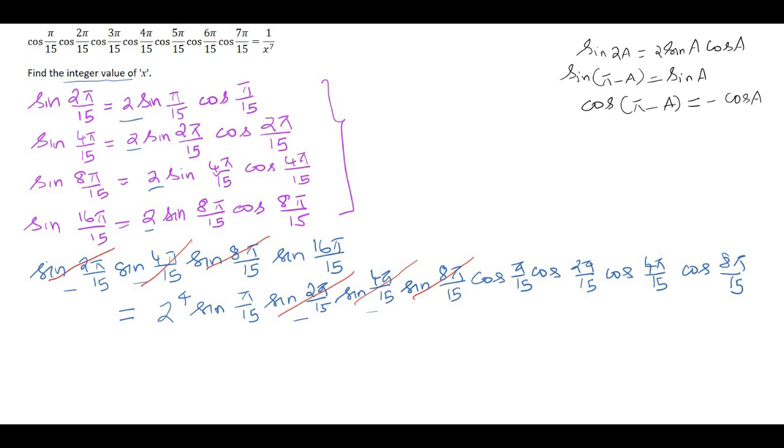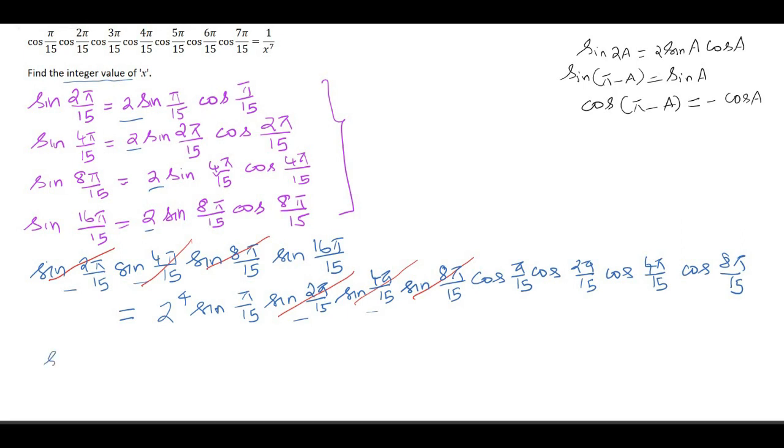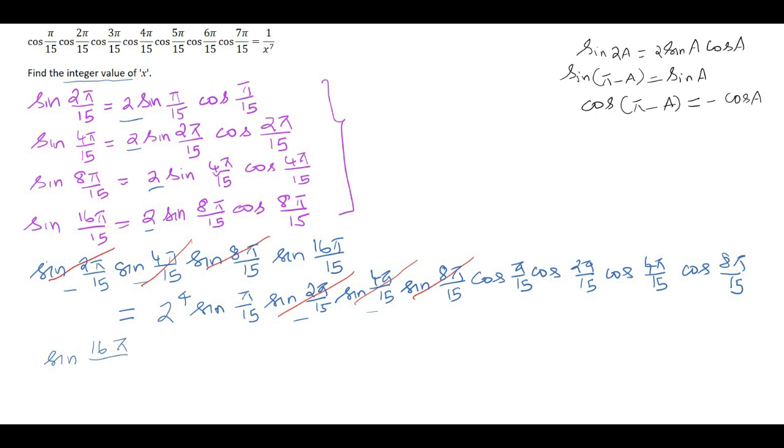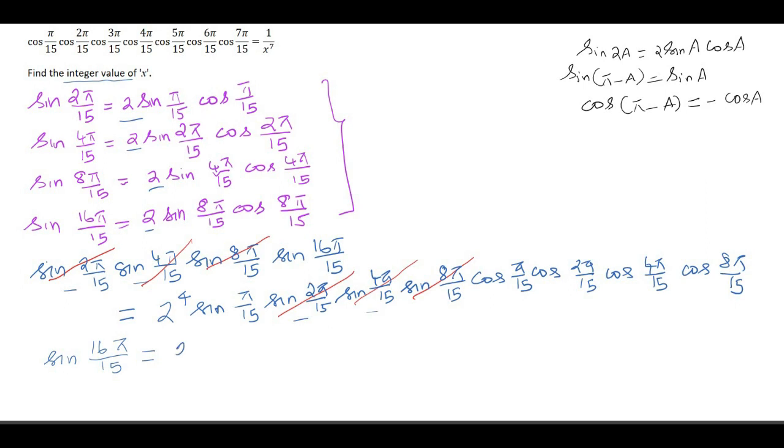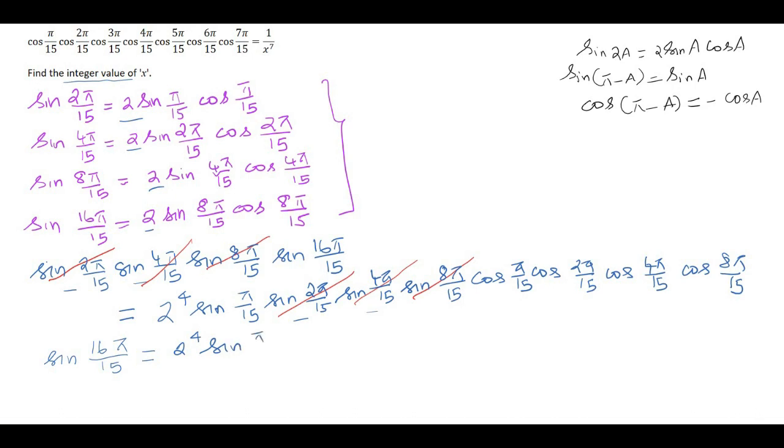Continuing, we have sin 16 pi by 15 is equal to 2 power 4 sin pi by 15 cos pi by 15 cos 2 pi by 15 cos 4 pi by 15 cos 8 pi by 15.